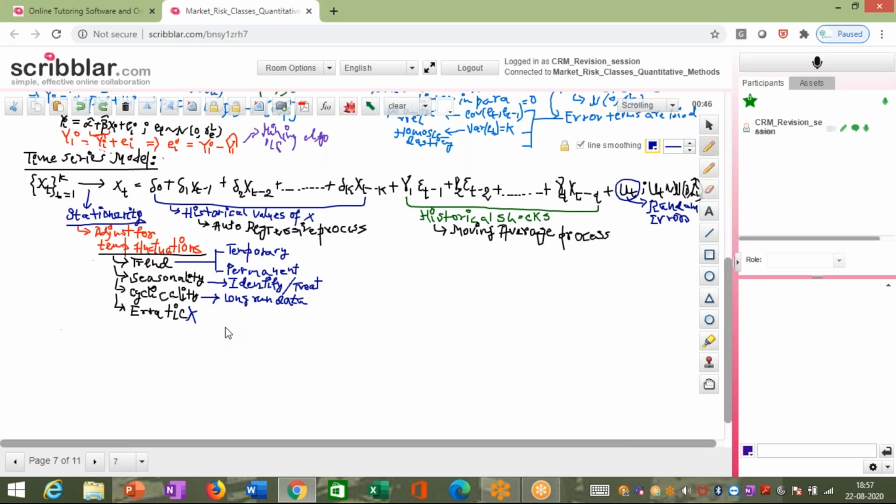Before that we need to address what stationarity is. As we saw, stationarity creates a temporary change in the mean and the variance of the respective time series. Right? So any questions up to this point?